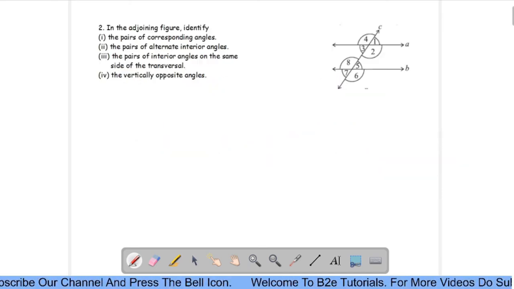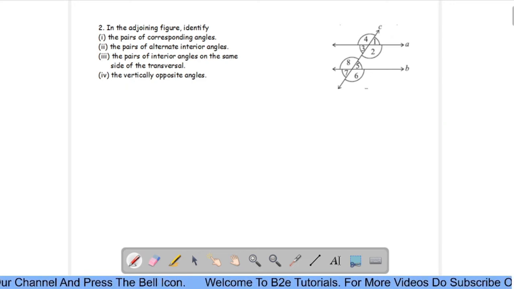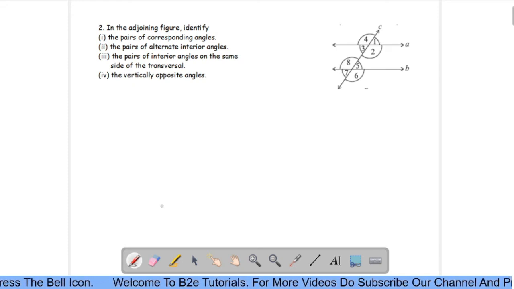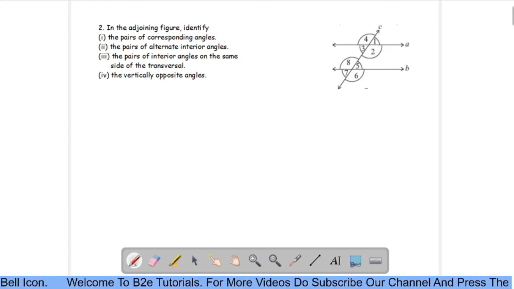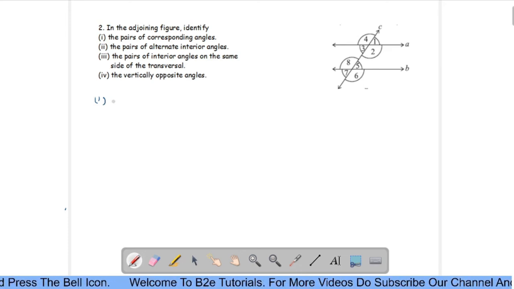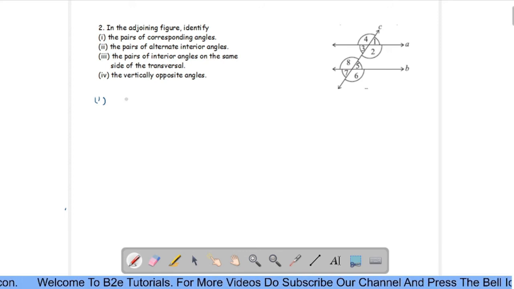Now come to next. Question number 2. In the adjoining figure, identify first the pairs of corresponding angles. Here you have to identify pairs of corresponding angles.